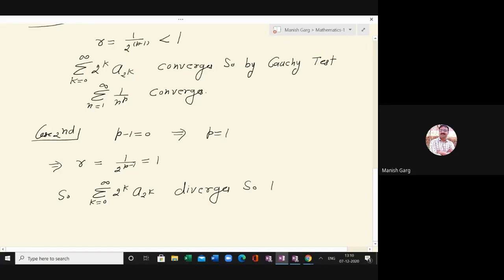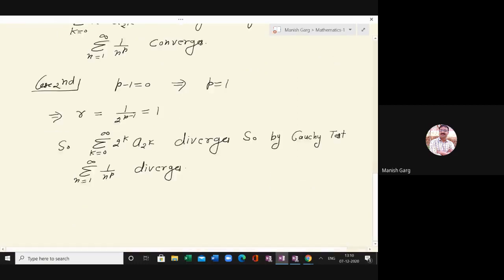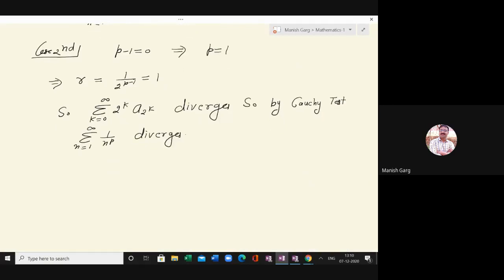So by the Cauchy test, you can say the series sum n equals 1 to infinity of 1 over n raised to power p also diverges. So we have taken two cases, when p minus 1 is greater than 0 and equal to 0, and the third case is when p minus 1 is less than 0.